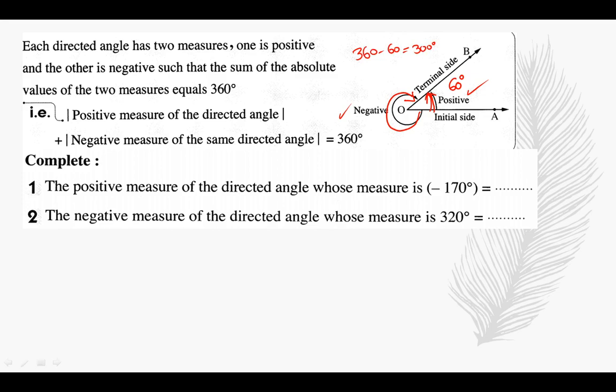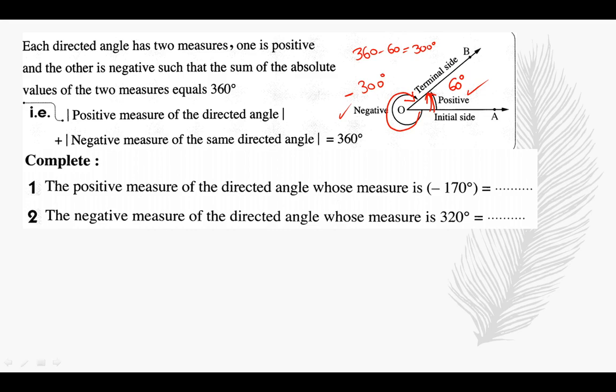So the measure of this angle is 300, but the direction of rotation is negative. So we will write this angle is negative 300. So the negative here doesn't mean that we have an angle of negative measure. No, the measure of this angle is 300, but the direction of the rotation is negative.